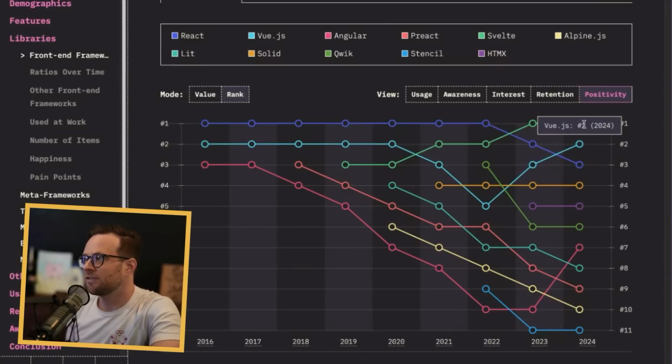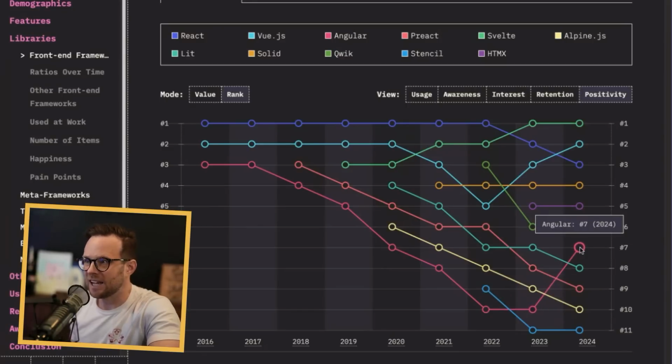And then in 2024, Svelte and Vue passed it in terms of positivity. So sentiment of React went from 84% positivity in 2016 down to 69% positivity in 2024. So definitely an interesting trend.